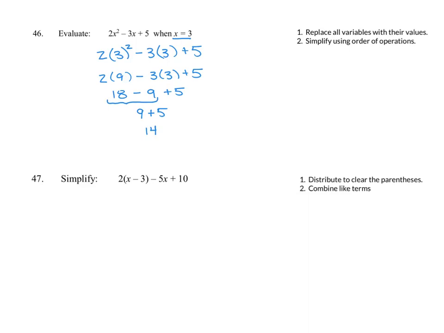Alright, the next one we have is simplify. In order to simplify an expression, we're going to distribute to clear the parentheses and then combine like terms. So we start by distributing. We get 2 times x is 2x. 2 times minus 3 is minus 6.